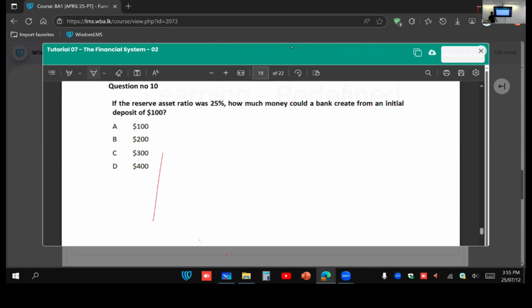If they ask for the additional amount of money created, from this 100, what you can ultimately create is 400. If that is the additional amount, 400 minus 100, that becomes 300. In this question, it's not; they have given the answer as 400.